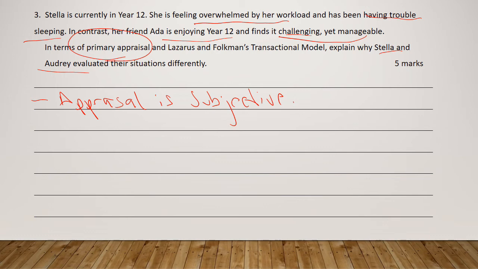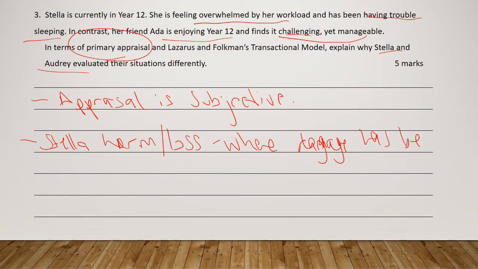So then what we would do is identify what primary appraisal both Stella and Ada are in, and then we would give the keywords and apply them to the scenario. So Stella, you can say, let's say that she is experiencing harm loss, where the damage has been done, e.g. she has lost sleep due to school.